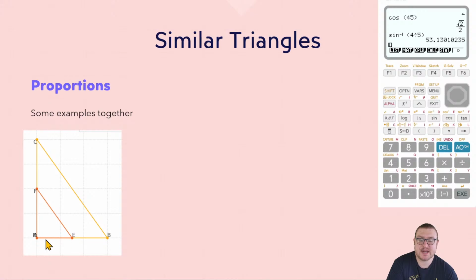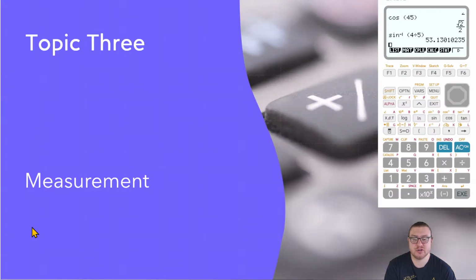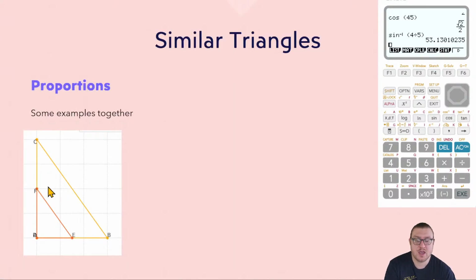Whatever this side D to E is, when we divide it by the long side, that number will give you exactly the same number as if you divide a short side to a long side on the other triangle. You could also use the middle part, so we could do short to long. That quotient will be the same as short to long. We could also do long to short, and so on.